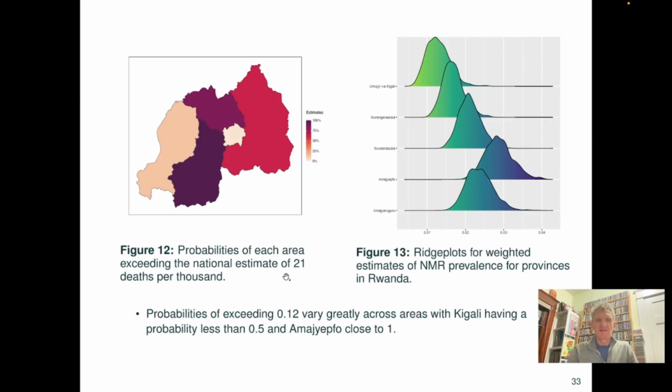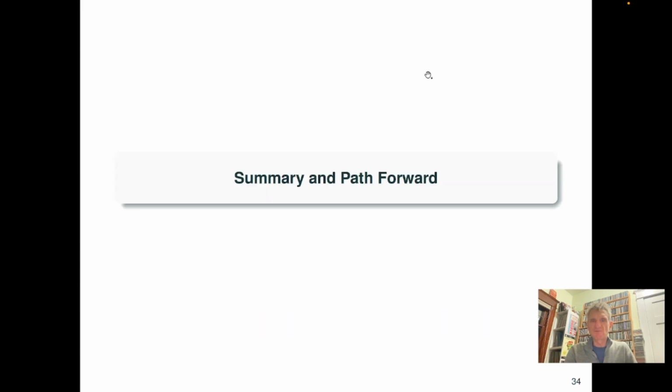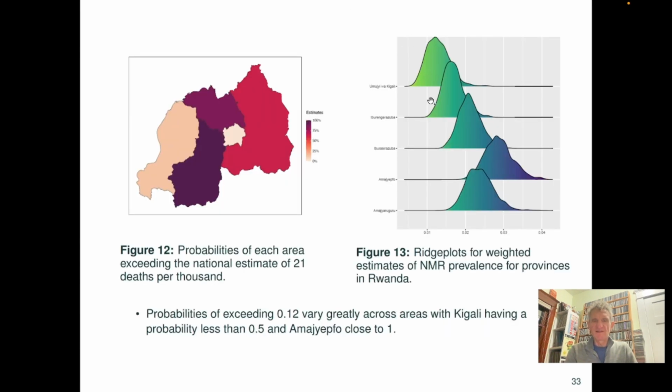Then finally, here, these are the probabilities of each area exceeding the national estimate of 21 deaths per thousand. So imagine we draw a line here, and then we're evaluating the probabilities to the right of that line. So for example, for Kigali, that's going to be close to 100%, and this is of exceedance, so 100% of the curve is below that 0.021, and we see that here, these very low values in this area, also in this area here.